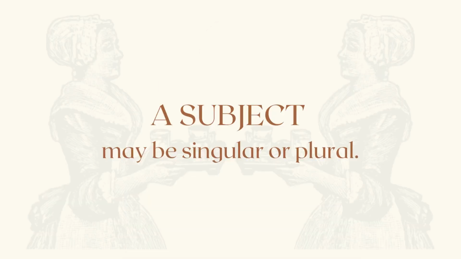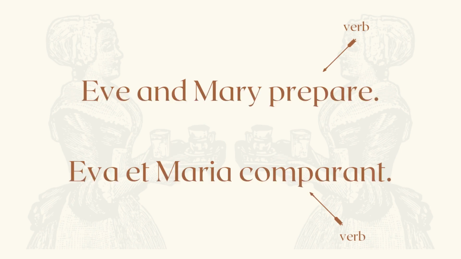Okay, another case is when you might find more than one subject noun. In that case, a plural verb is required. So let's talk about two girls whose names happen to be Eve and Mary. Eva et Maria comparant. Eve and Mary prepare. Prepare is the verb.